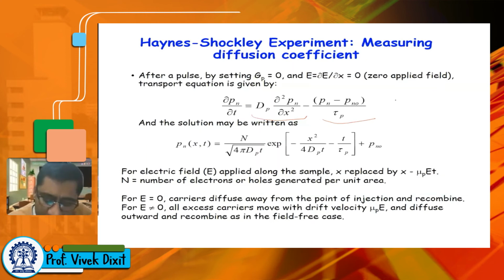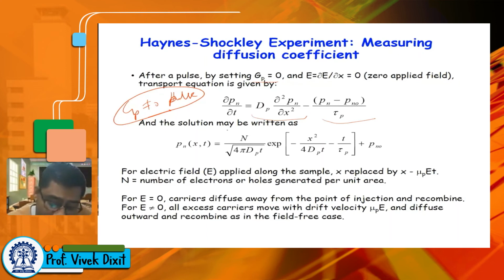We have set generation to be 0, because once the pulse disappears, there is no more generation. The generation term GP is non-zero only during the pulse. While the pulse is there GP will be non-zero. Once the pulse is removed, there is no more generation, so the generation term will be 0.